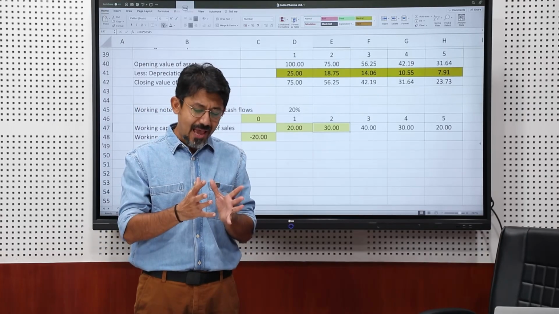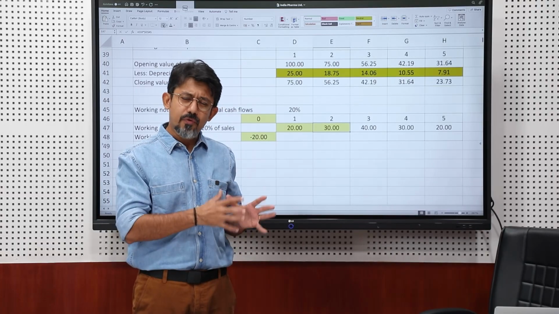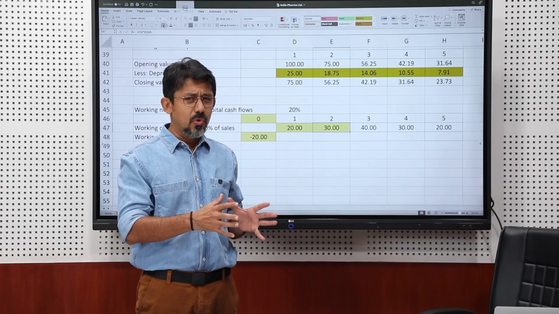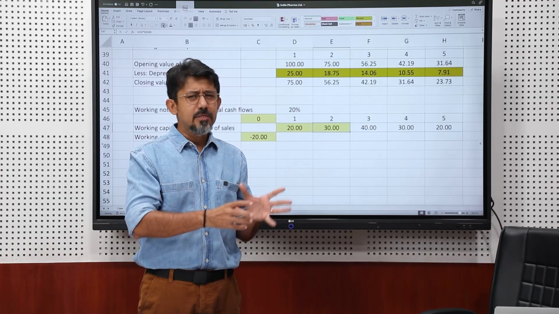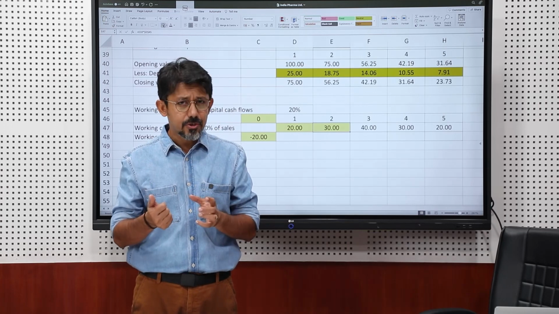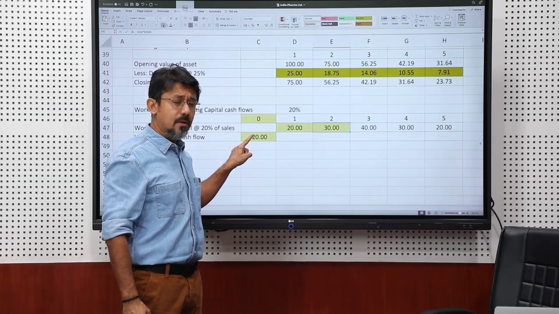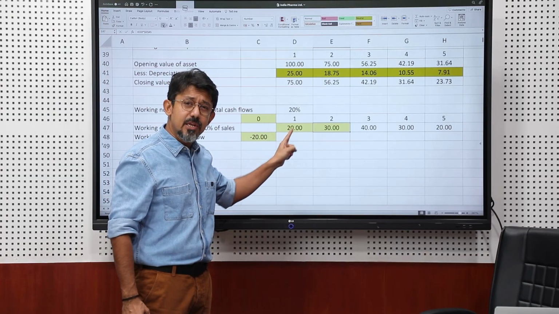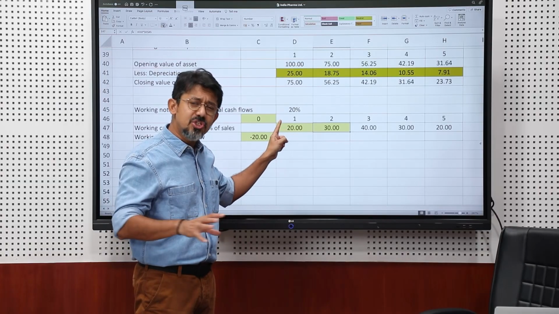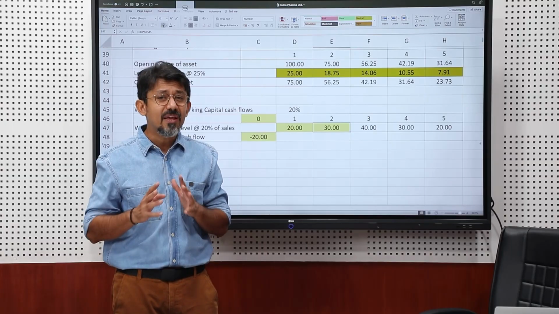If you invest in cash, you convert it to raw material, it is converted to finished goods, sold, converted to receivables, and once you get the money it is converted again to cash. So please understand that when you invested this 20 million and you reached a level of 20 million, this rotates in your business. It keeps on changing form, but it does not disappear. It does not get evaporated.